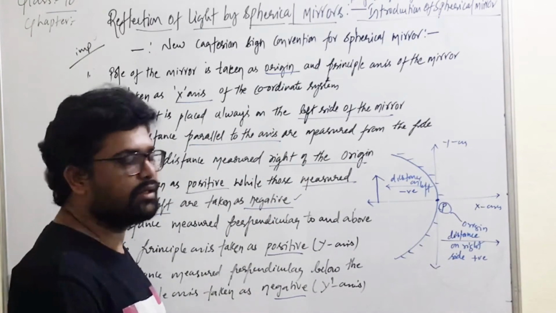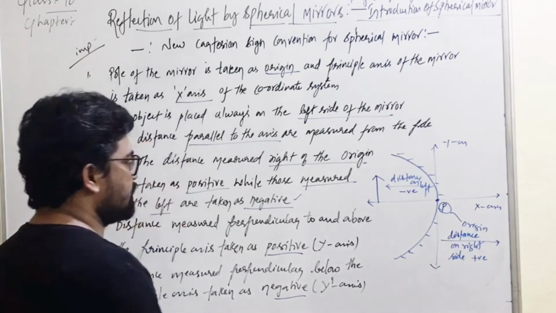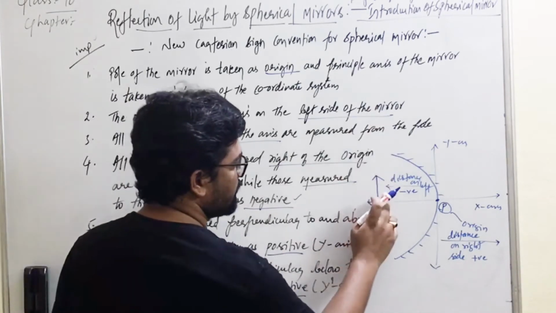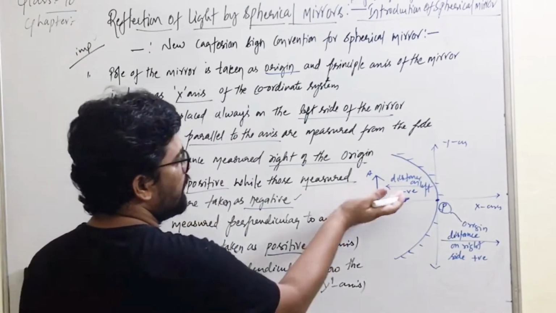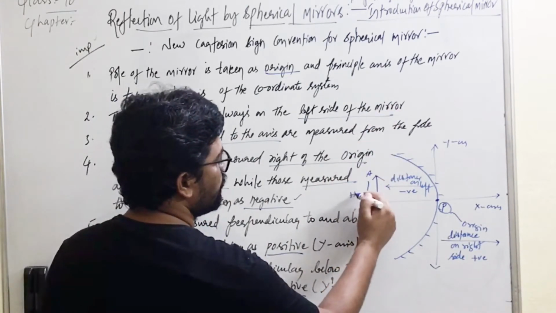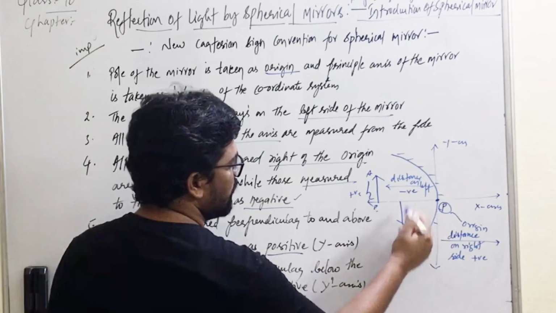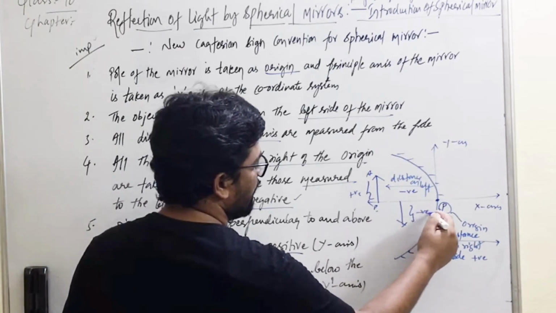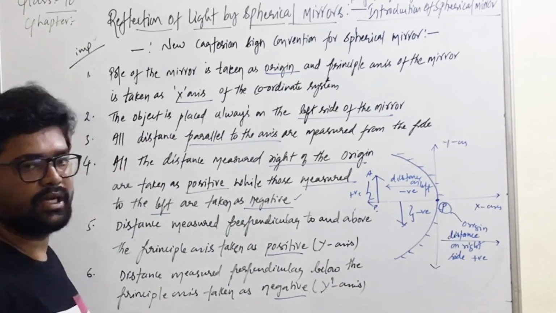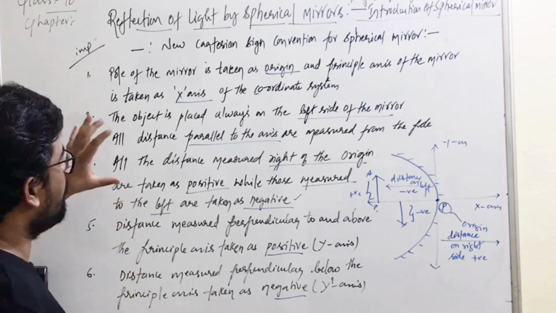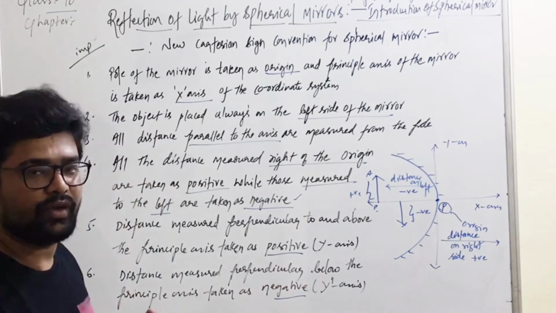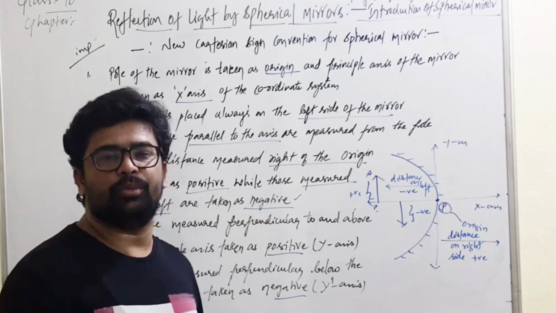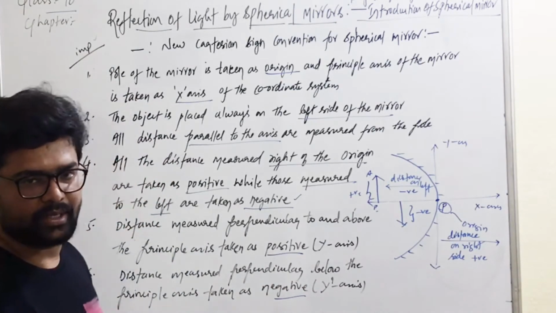Is it clear? Distance measured perpendicular and above the principal axis, like the object, is taken as positive, and distance measured below the principal axis is taken as negative. So these are the new Cartesian sign conventions for spherical mirrors, and they are very useful while solving numerical problems.